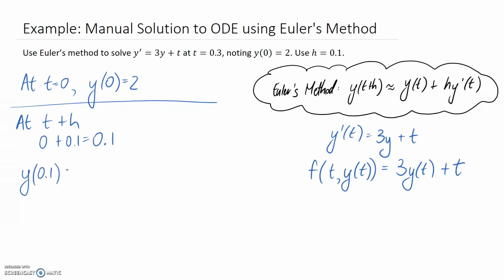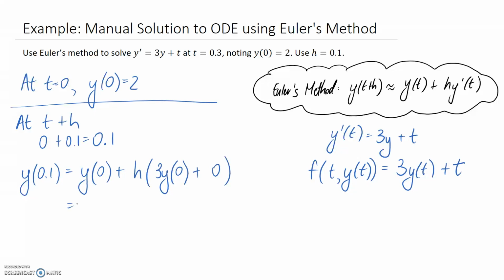So y of 0.1, because that's the left-hand side, is equal to y of t, which is going to be the 0, plus the h value times y dash of t. Instead of writing it like this, we're going to write it like this: 3 y of t, again t is 0, plus t, which is 0 again.